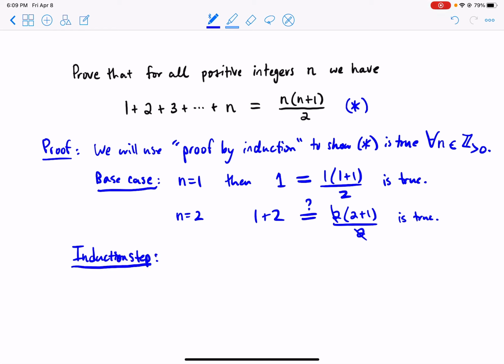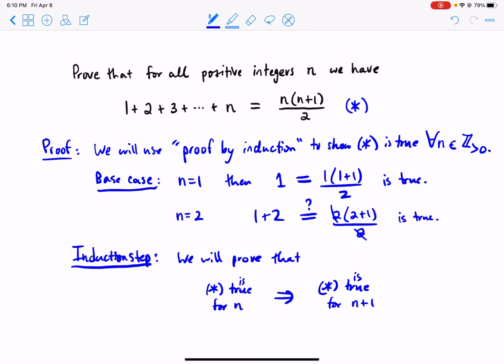So the induction step, we will prove that star true for n implies star is true for n plus 1.